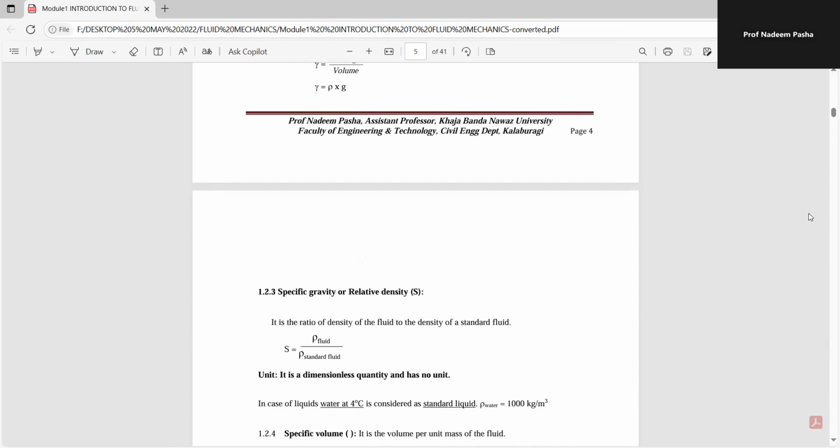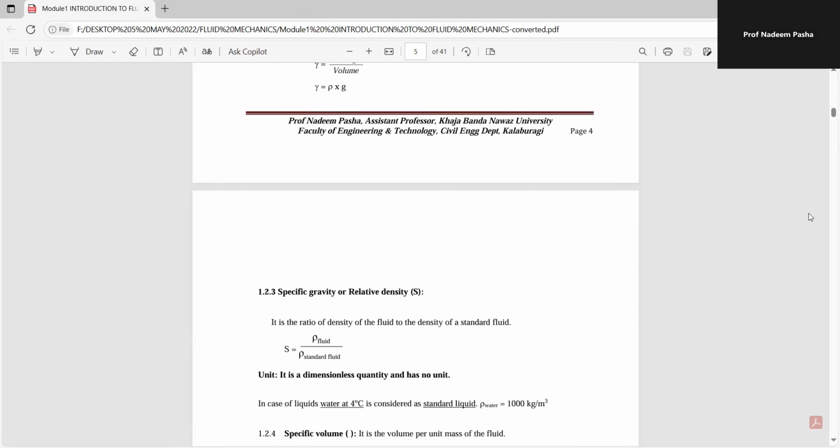Now coming to the next property of fluid, that is specific gravity, also known as relative density. Don't get confused. Most of the time you have to remember that specific mass and mass density are the same, specific weight and weight density are the same. Similarly, specific gravity or relative density is also the same. How will you define specific gravity or relative density?